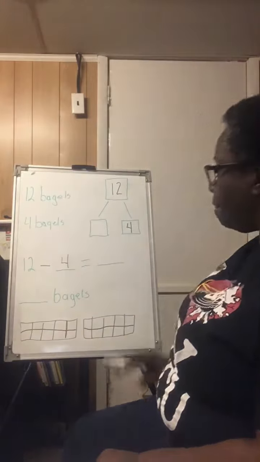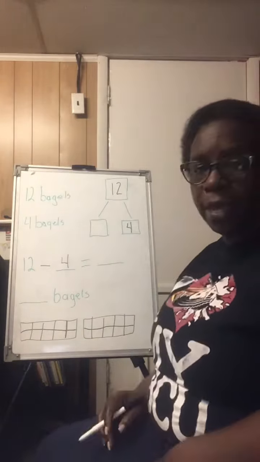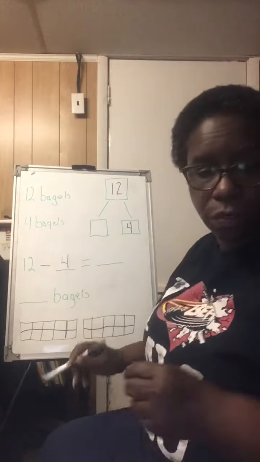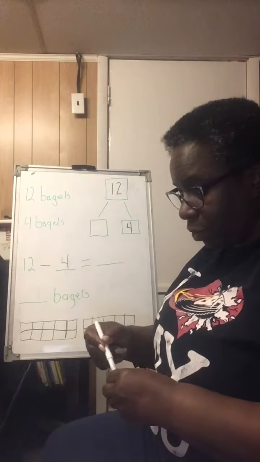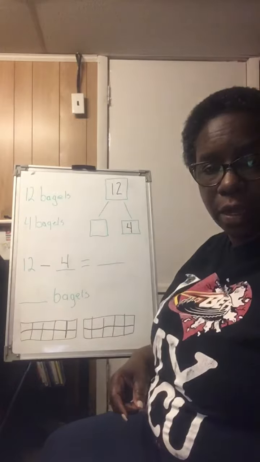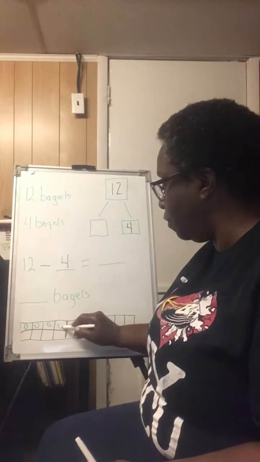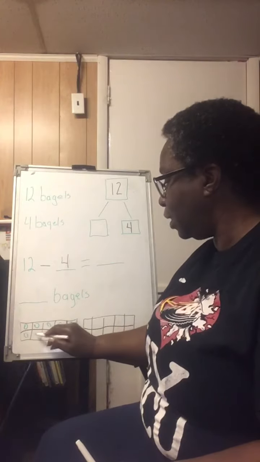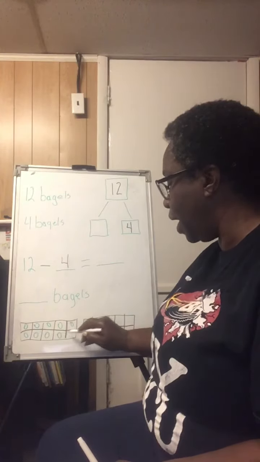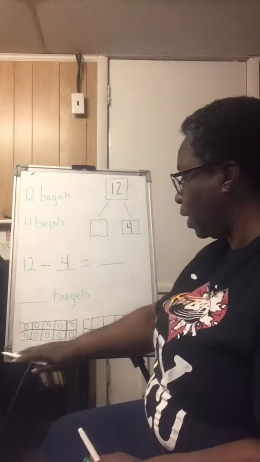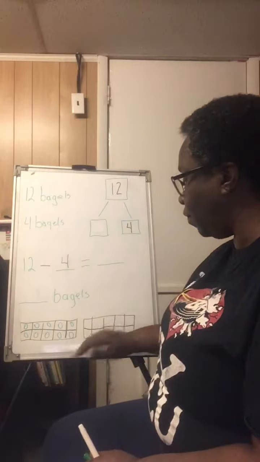Okay. So we know we had 12 bagels all together. So let's do 12 bagels. 12 green bagels and not stale. 1, 2, 3, 4, 5, 6, 7, 8, 9, 10. That's our 10 frame filled up.